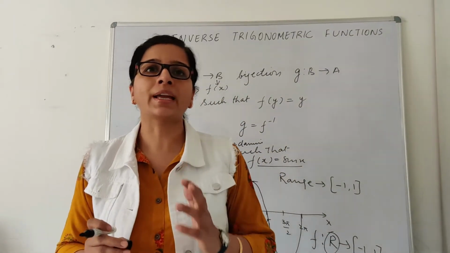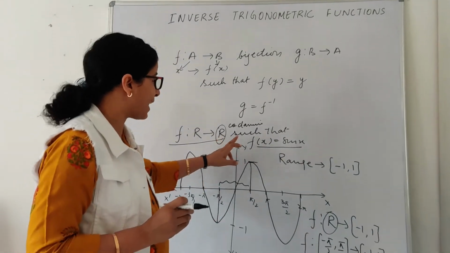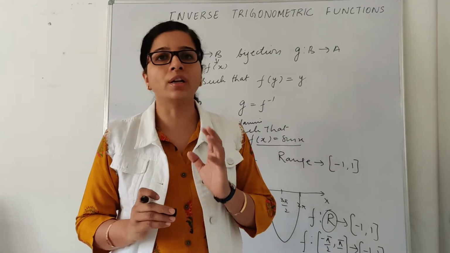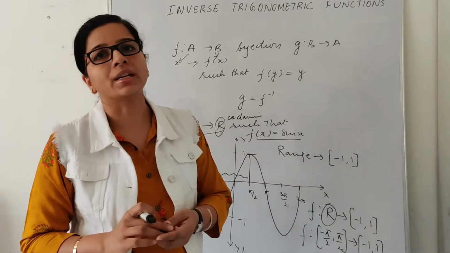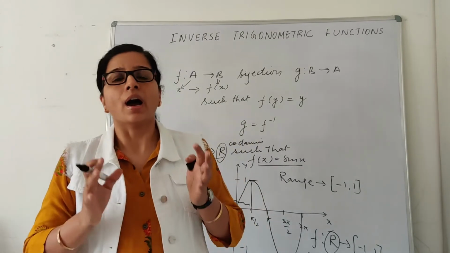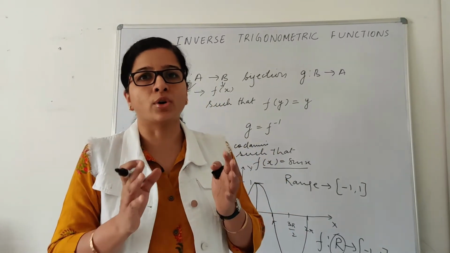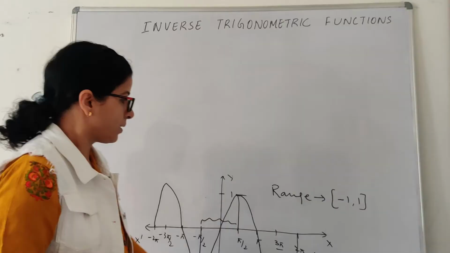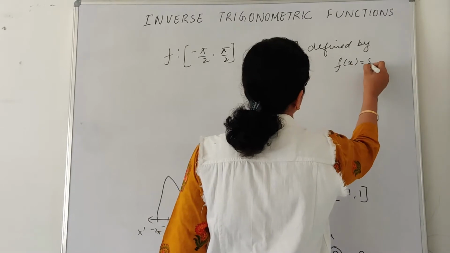So now I can define the inverse of the trigonometric function sin x. We cannot define it for R to R because it is a many-one into function. So to define the inverse for a trigonometric function, we have to restrict our domain and range. So now my function is f(x) equals sin x.